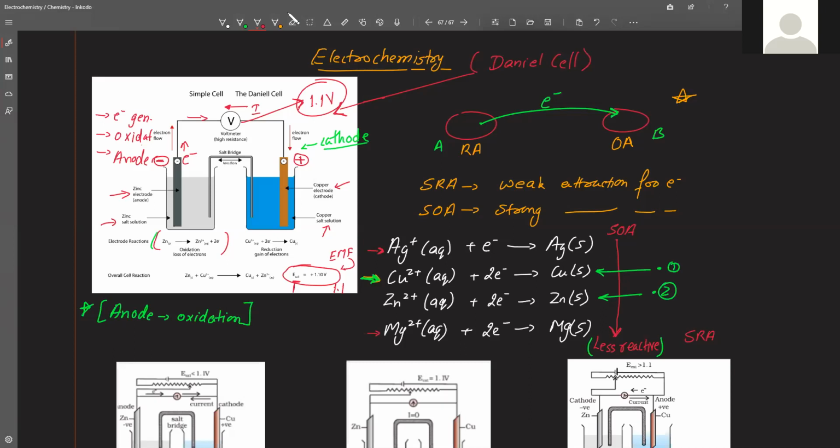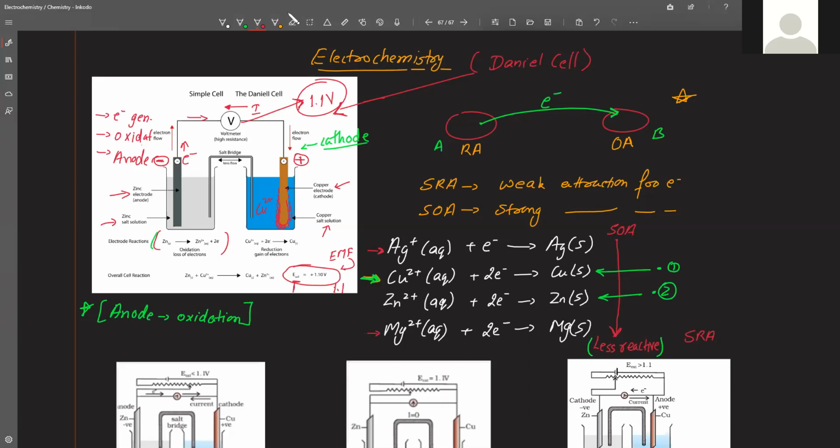Now what will happen? In this solution, there are lots of Cu2+ ions. Those Cu2+ ions take or consume those electrons and become solid copper. And eventually these become solid copper and get accumulated on this electrode. So the mass of this electrode actually increases with time, and just the opposite happens here.